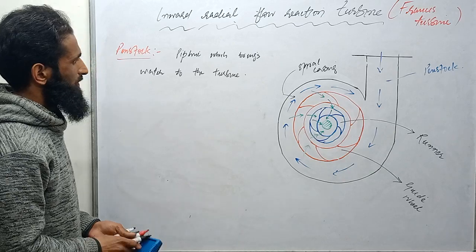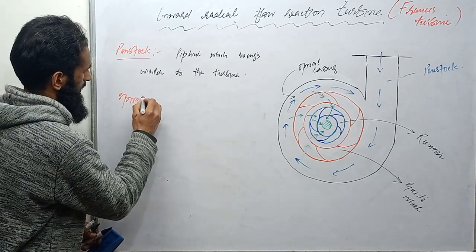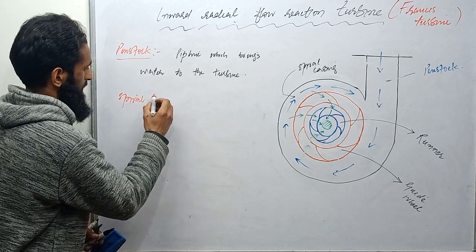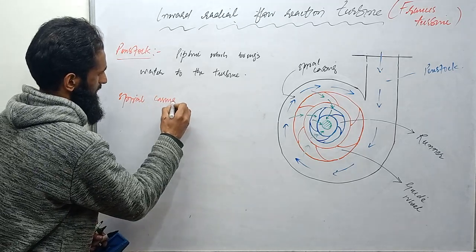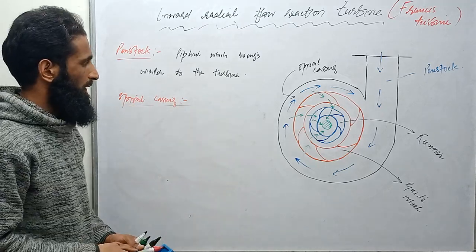Okay, and second thing is spiral casing. Second component of inward radial flow reaction turbine is spiral casing. So what is spiral casing?